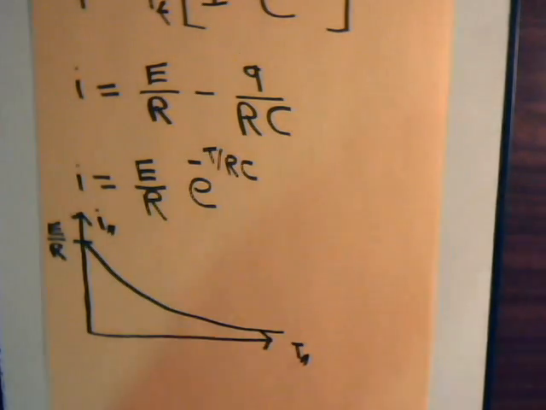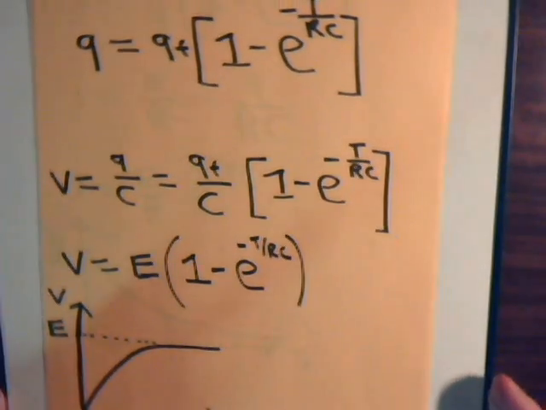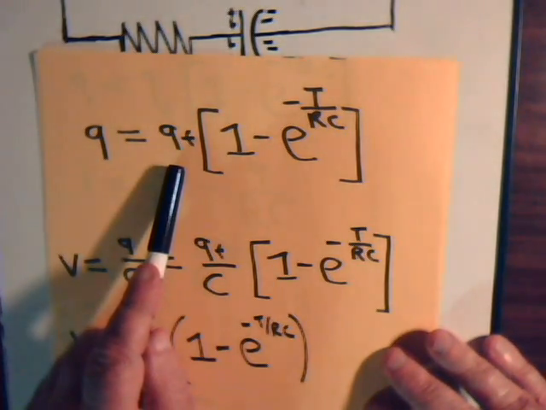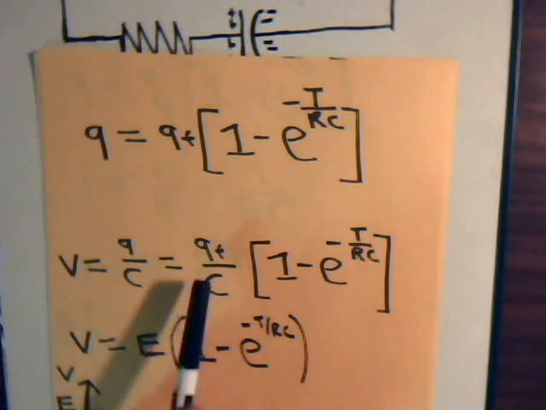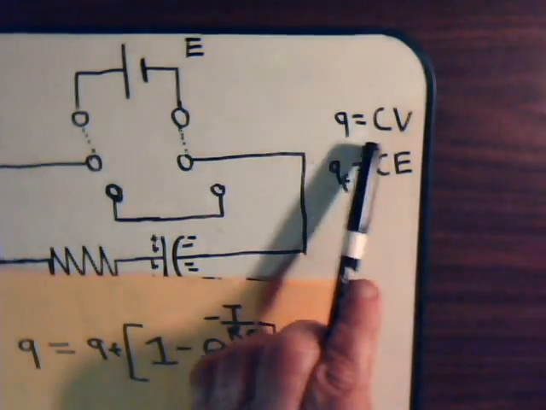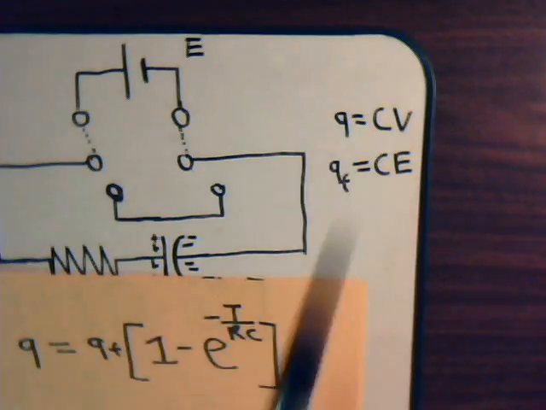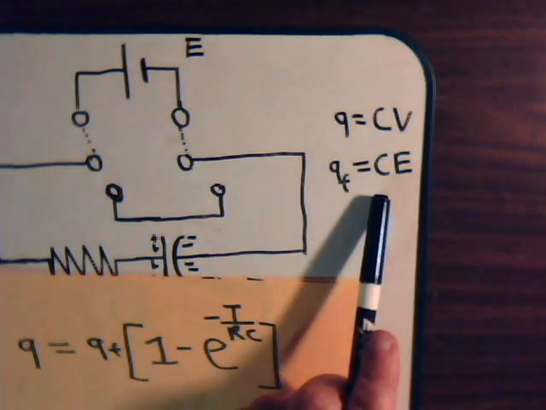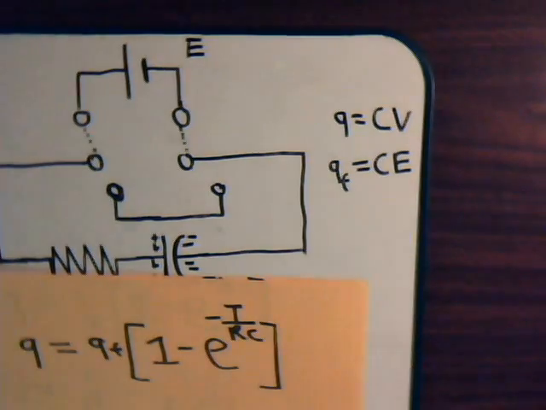Now, with this equation for the capacitor charge, of course, the voltage across the capacitor, that's just Q divided by C. So divide this by C, and that's the voltage across the capacitor at any time. Now again, Q_F divided by C, of course in general, Q equals C times V, but when the capacitor is fully charged, then that voltage is the battery voltage. So the final charge Q equals C times E. So Q_F divided by C, that's just the battery voltage.